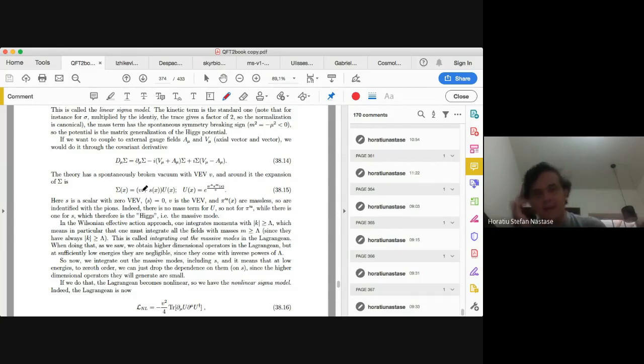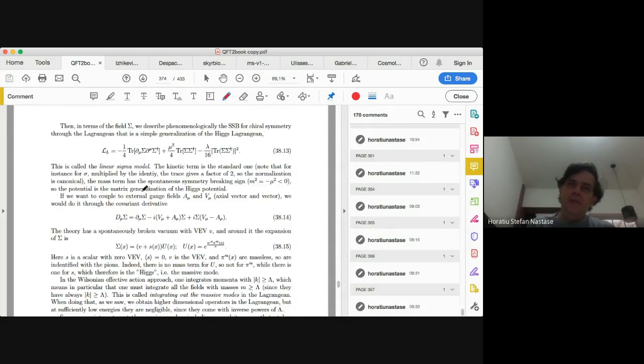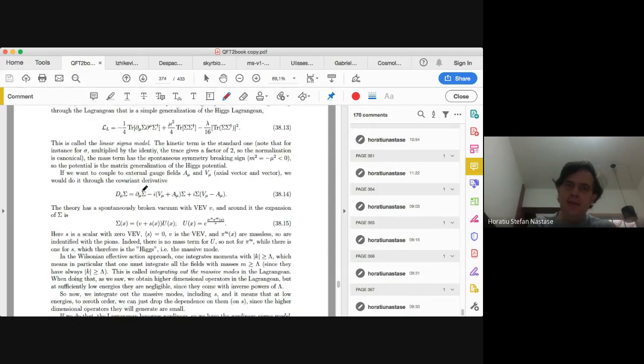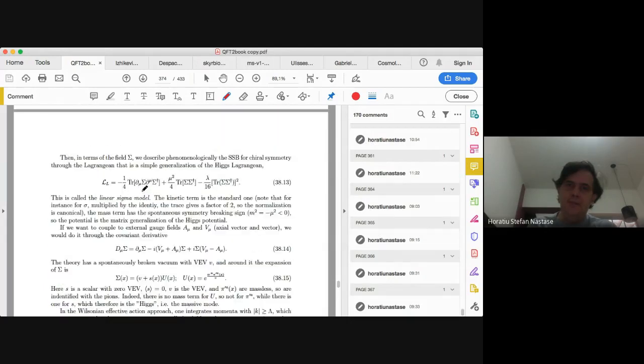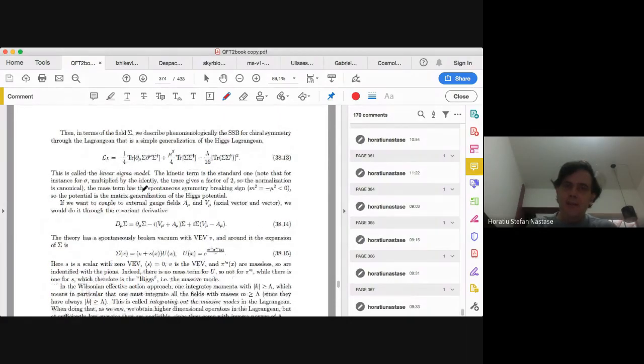But I parameterize the perturbations in the following way. I have to parameterize the perturbation such that it's still invariant under SU2 vector, and it's broken just the SU2 axial vector. Right?